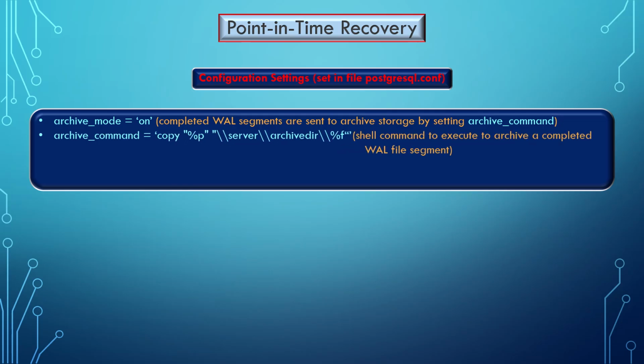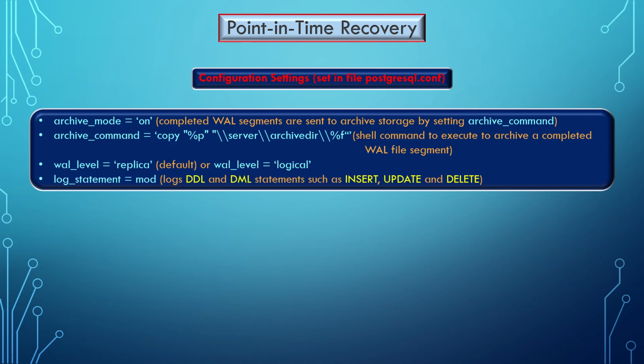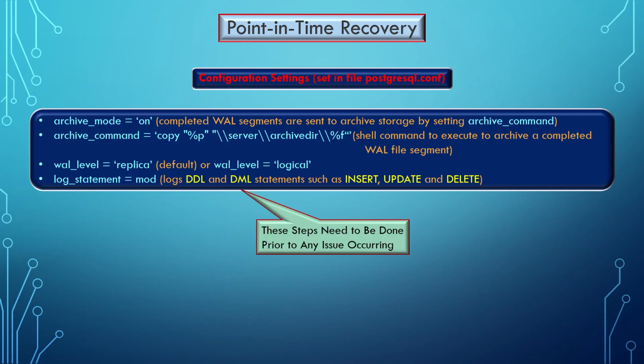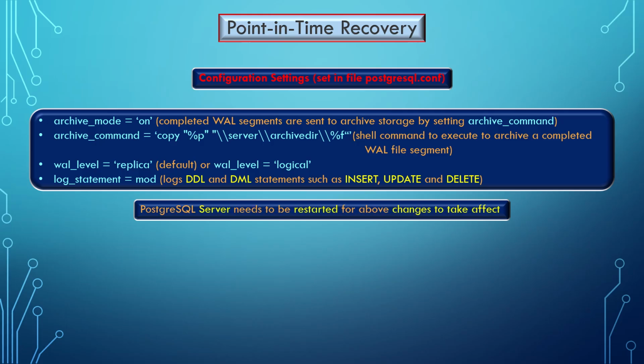The archive command is a shell command to execute to archive a completed WAL file segment. wal_level equal replica, which is the default, or wal_level equal logical. log_statement equal to mod, which logs DDL and DML statements such as insert, update, and delete. Note that these steps will need to be done prior to any issue occurring. The PostgreSQL server will then need to be restarted for the above changes to take effect.